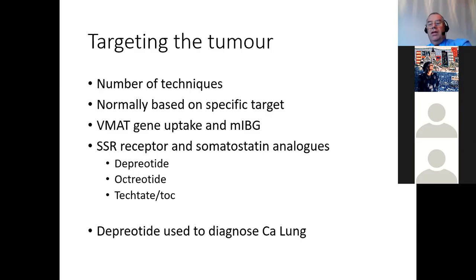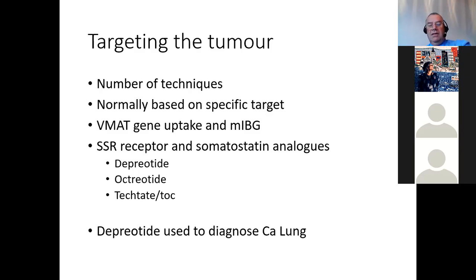There are other things that we can have where we have much more specific tumor targeting agents that's still single photon. We discussed some of these earlier on today with neuroblastoma. For example, if you have tissue that expresses something called the VMAT gene, an active amine transport system, then you can get uptake of MIBG, methylbenzoguanidine.